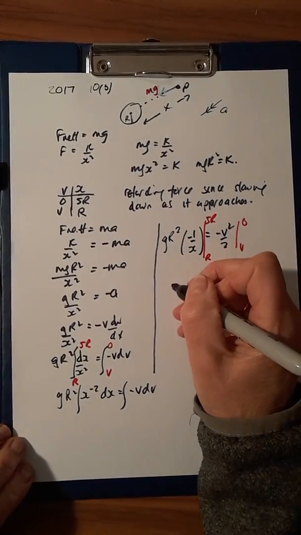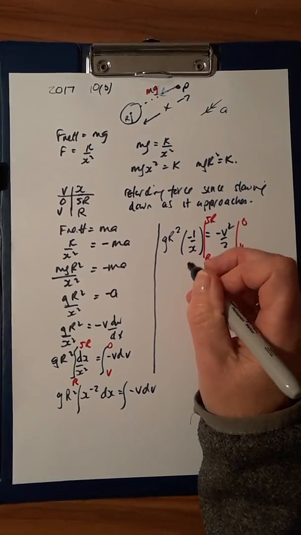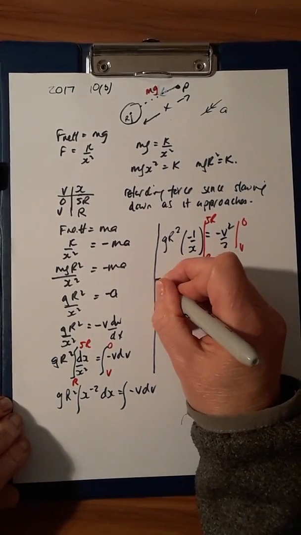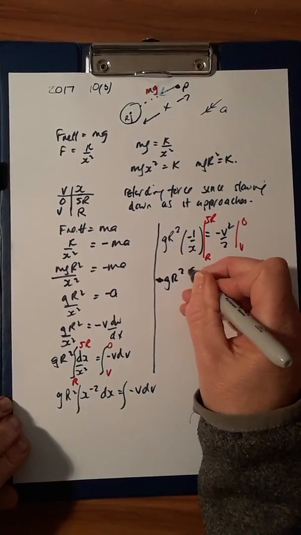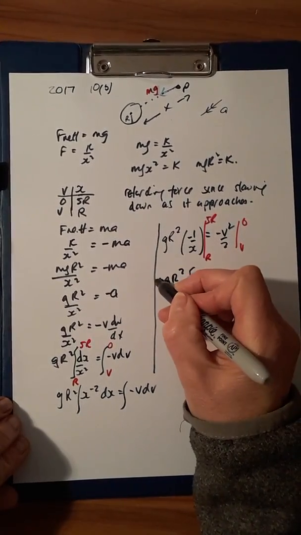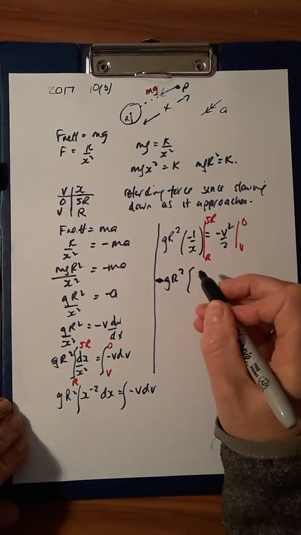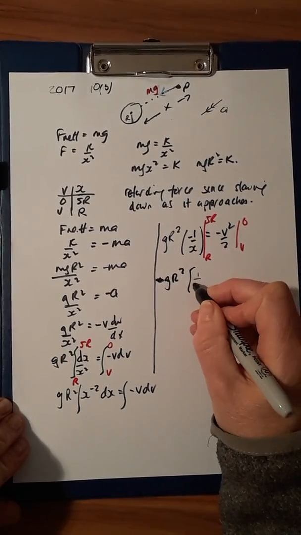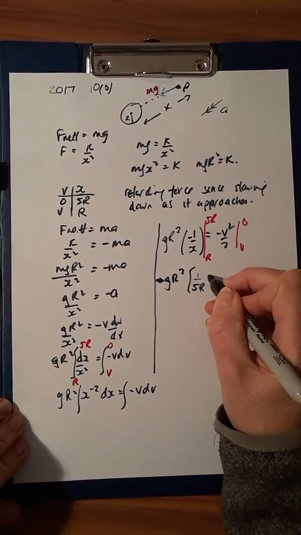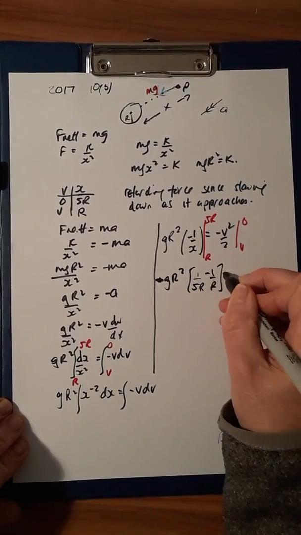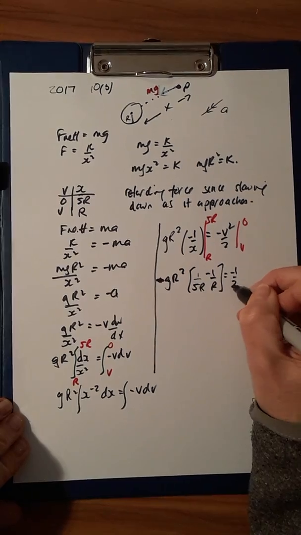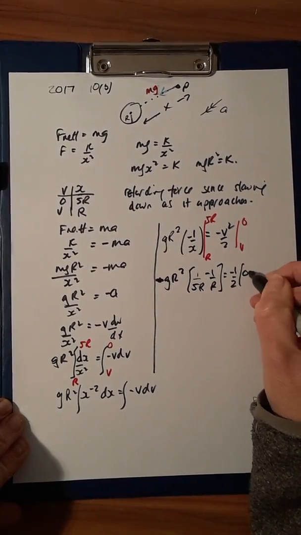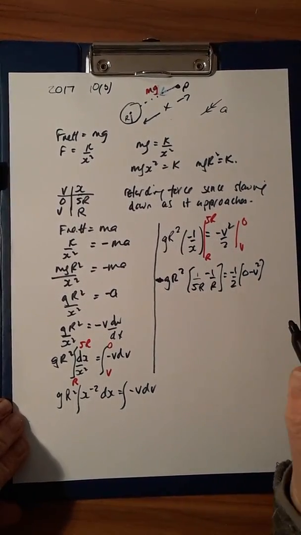So I'll say this is minus gr squared, and that will give me 1 over 5r minus 1 over r when I put in my limits. And that's equal to minus a half, and this will become 0 minus v squared.